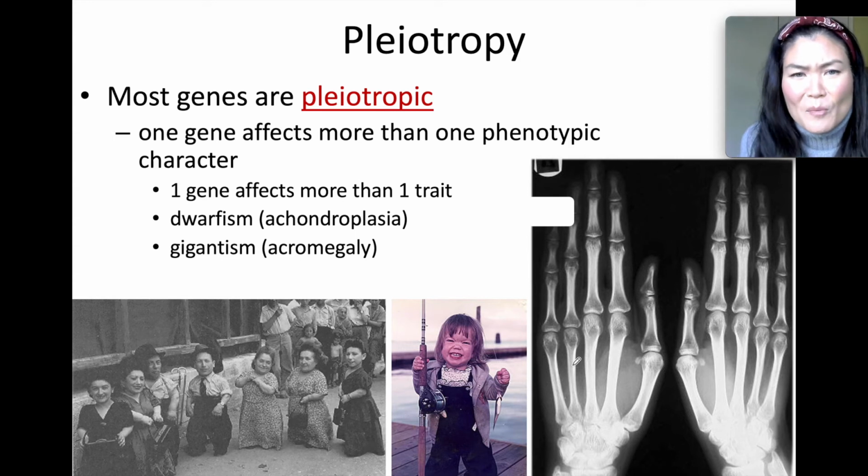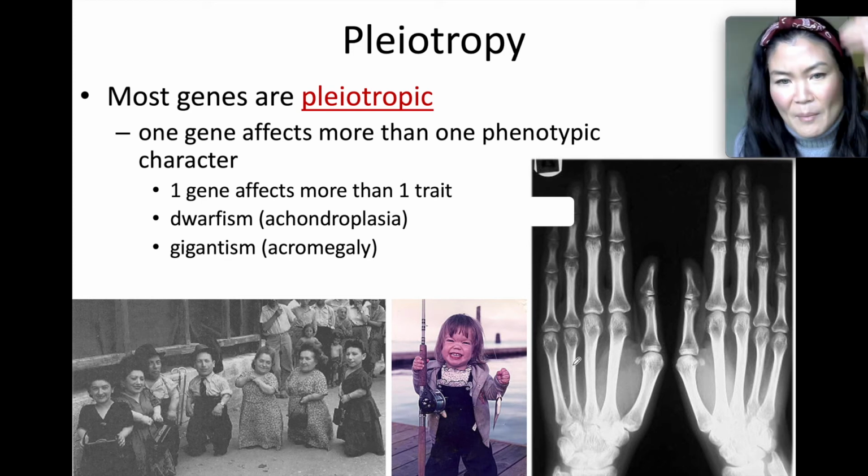Pleiotropy. Most genes are pleiotropic, meaning one gene affects more than one phenotypic characteristic. An example of this would be sickle cell anemia.